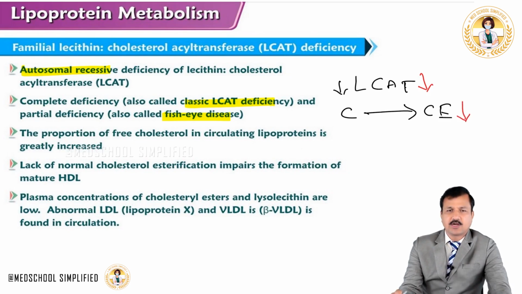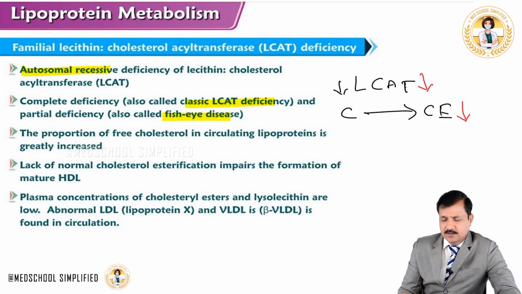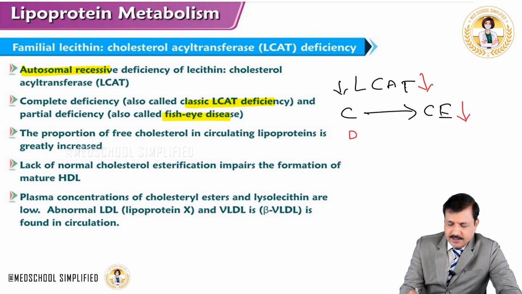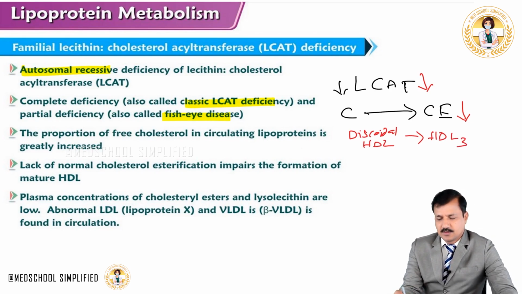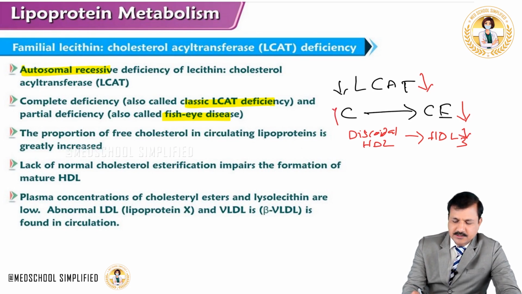So there will be a decrease in cholesterol ester in HDL. That means conversion of discoidal HDL into HDL3 is decreased, so there will be a decrease in HDL3 formation.